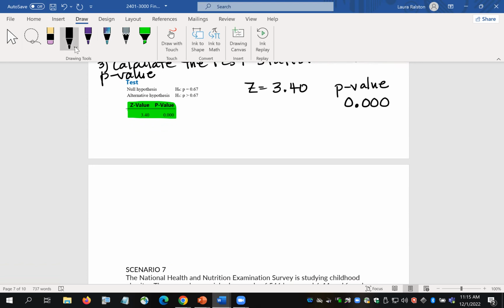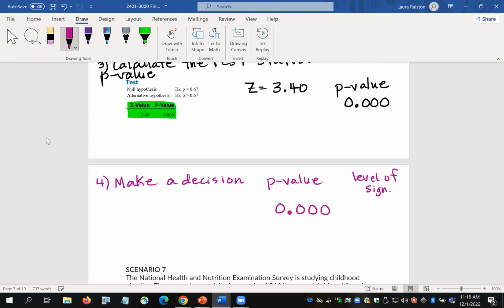Step 4 is to make a decision. We make a decision by comparing the p-value to the level of significance. P-value comes from Minitab, and in this case is 0.000.